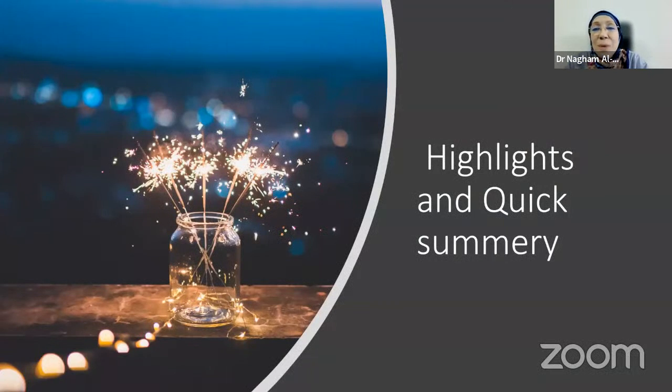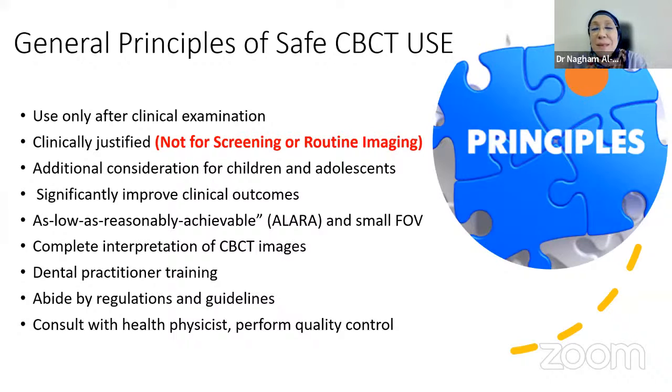Now, to wrap up the presentation, I would like to share with you some highlights and a quick summary from those two suggested guidelines. Let's start with some general principles.